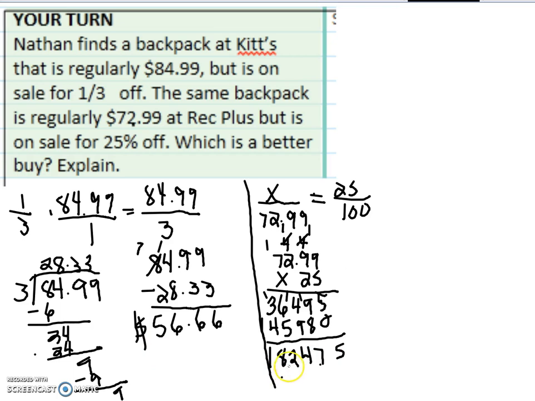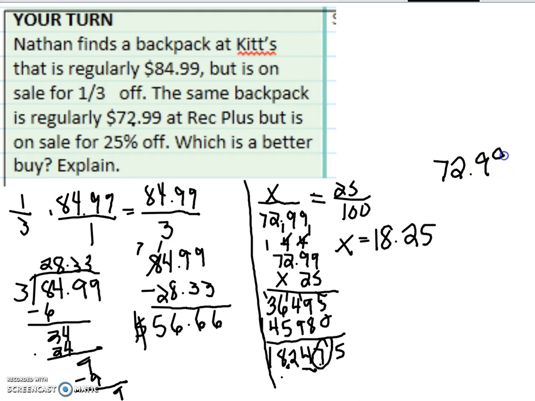So 18.2475. But in money, are you going to have 18.2475? No. You have to round, so underline the 4, circle the 7. This becomes $18.25 that we have to subtract from our original.